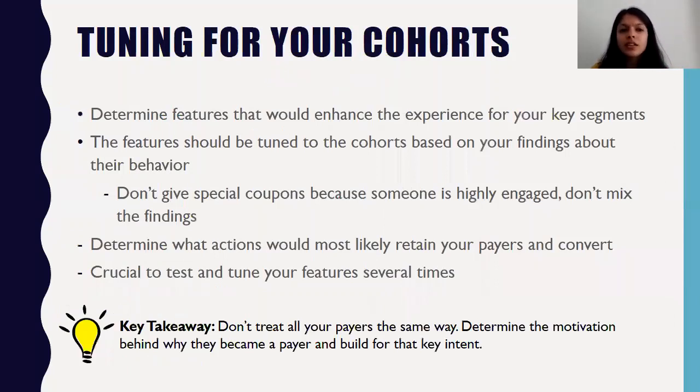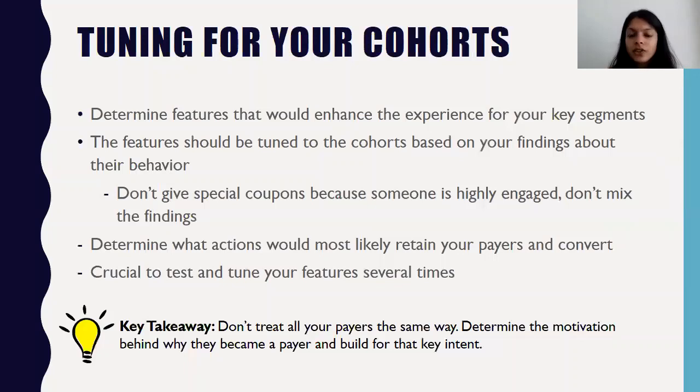How can you use this kind of segmentation and tune for your cohorts, especially in SaaS products? So determine features that would enhance the experience for your key segments that you figured out in your previous clusters. And the features that should be tuned to the cohorts based on your findings about their behavior. So don't give special coupons to someone who is highly engaged. So don't mix your different clusters together.